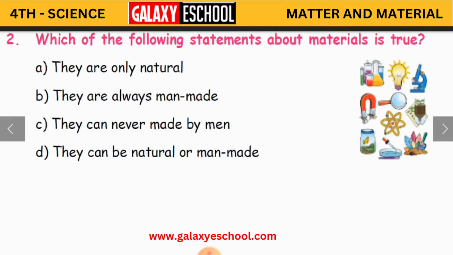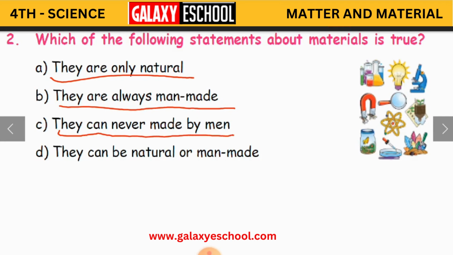Clear, children? Now, the second question is, which of the following statements about materials is true? There are 4 statements: they are only natural, they are always man-made, they can never be made by men, or they can be natural or man-made. And the answer is they can be natural or man-made.